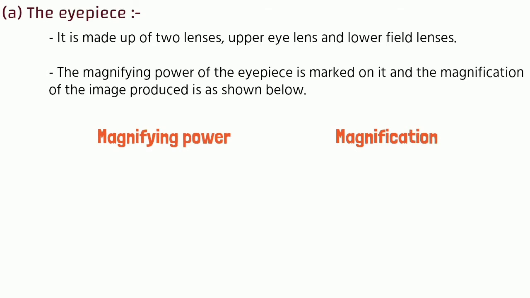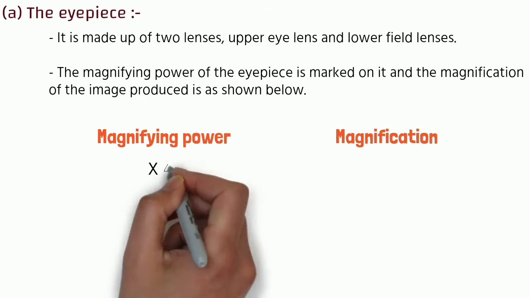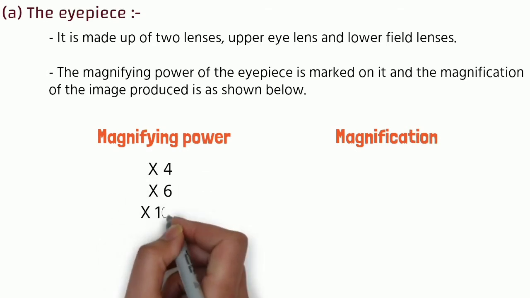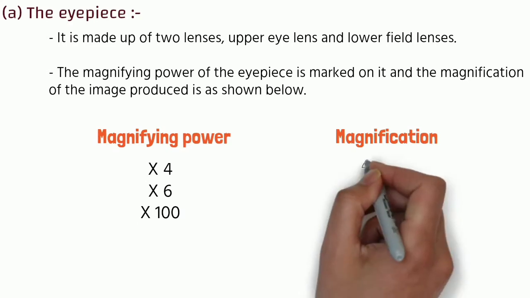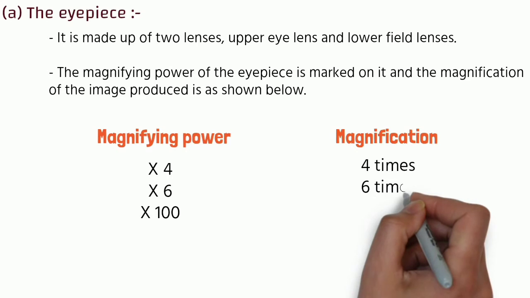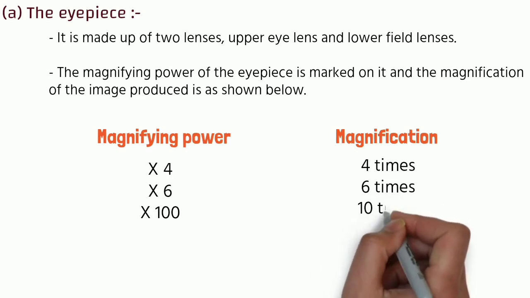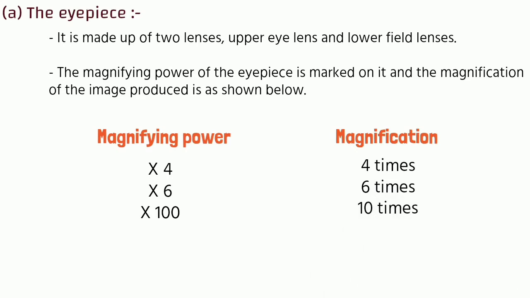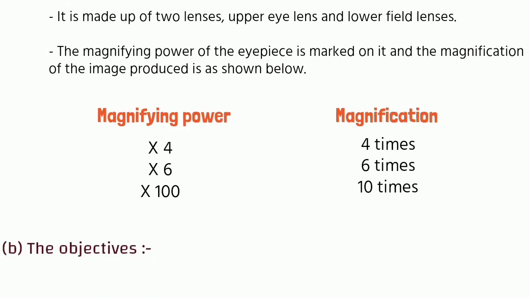In magnifying power we can see x4, x6 and x10. For x4 the magnification is 4 times, for x6 it is 6 times, and for x10 it is 10 times. Then the objectives.